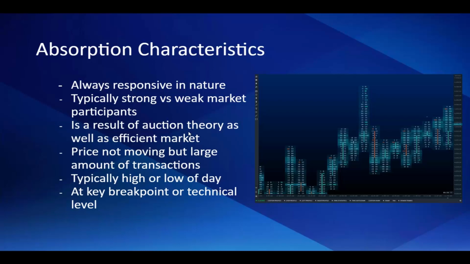It's away from our current understanding of where fair value is, and it's when either responsive buyers or sellers step in and shove price back into fair value. It's essentially a rejection of a breakout away from value. So it's a result of auction theory as well as the efficient market. It's price not moving, but large amounts of contracts being traded at a specific price.